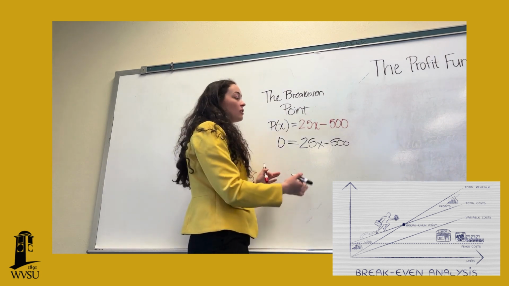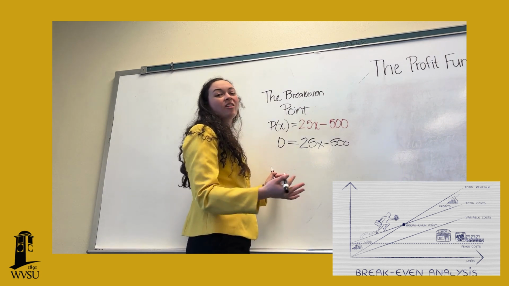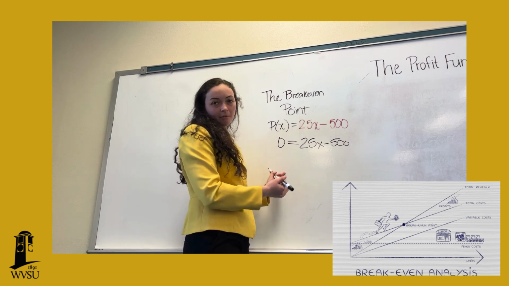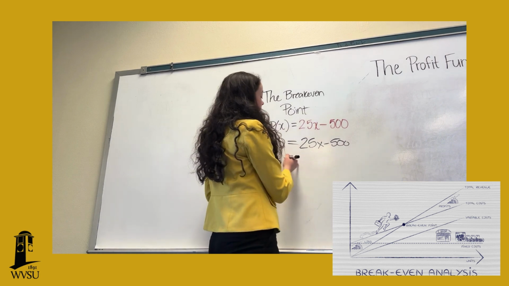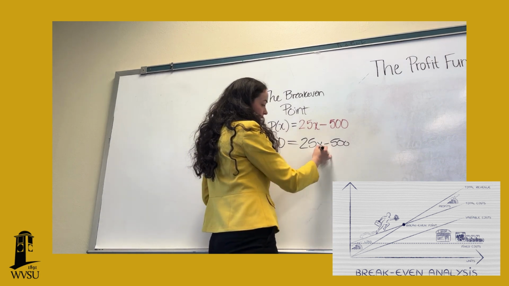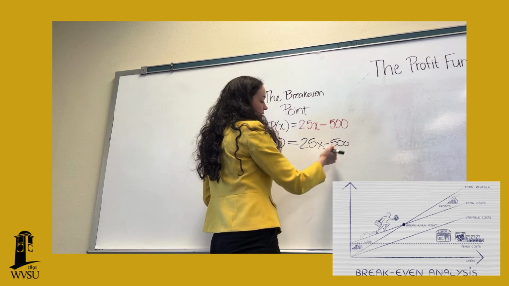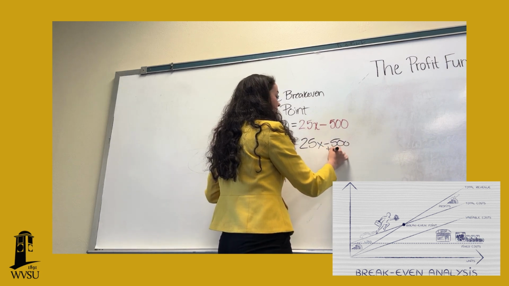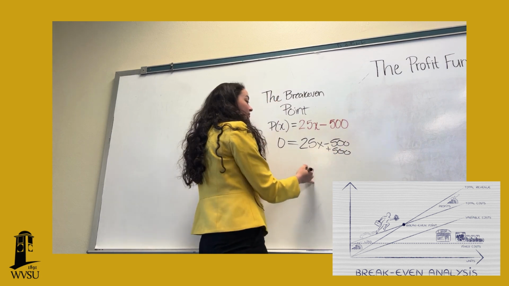So we're trying to solve for that amount of time here to see how long it's going to take this agribusiness to begin to make a profit. Now to solve this, we need to get x by itself. First, we want to get rid of the constant that does not have the variable. So to get rid of a negative 500, we can add 500.